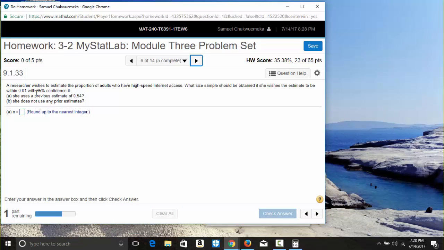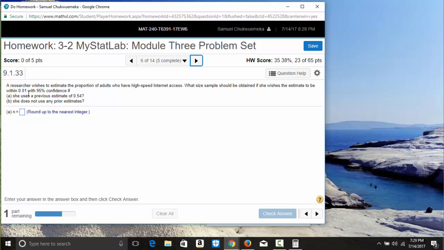They gave us the confidence level, and they gave us the margin of error. Anytime you see within, it means the margin of error. If the question says within 3 percentage points, within means it could be below or above. So within means margin of error.